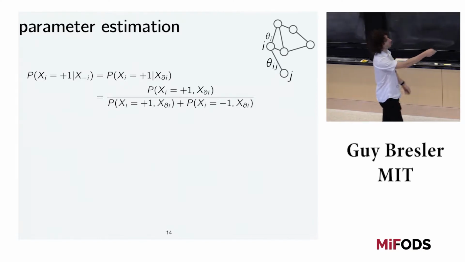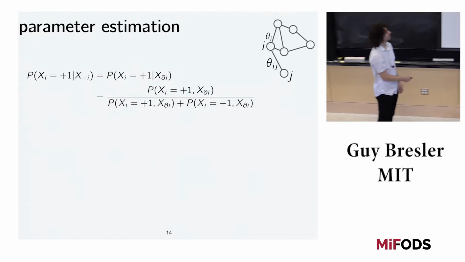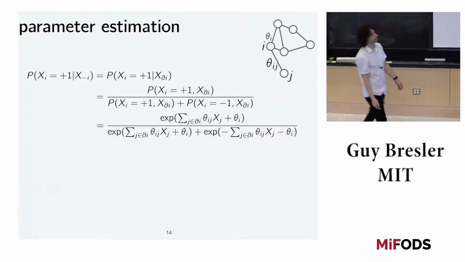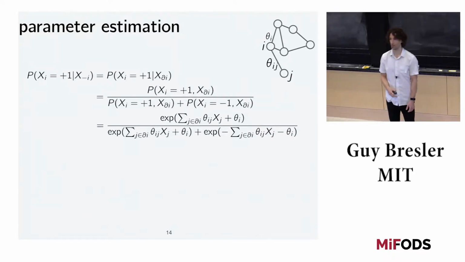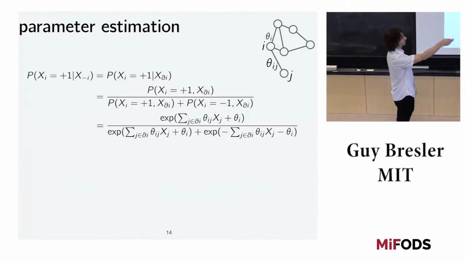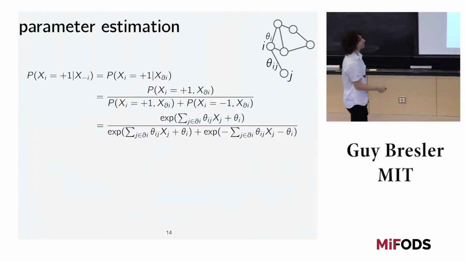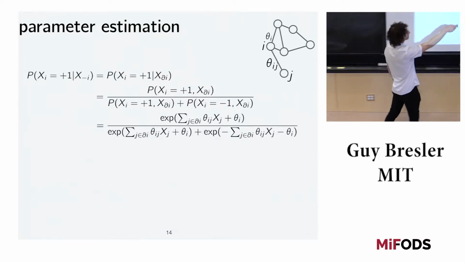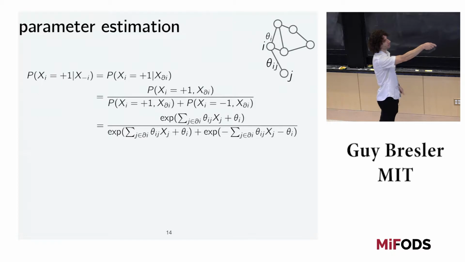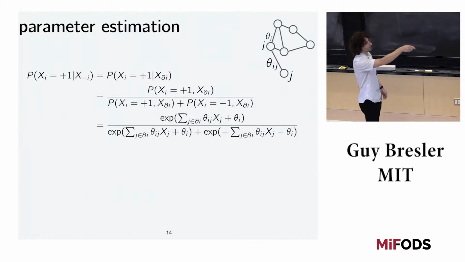Okay, so we can just write out this conditional probability. And now, using the factorization structure of the joint distribution here, you get a whole heck of a lot of cancellations, which lead to this quite simple form, which just involves stuff that is adjacent to node I. Okay, so this is a sum over j in the neighborhood of I, theta ij xj, plus theta I. And then here's the same thing, and then here's with a negative, corresponding to xi being negative 1 there.